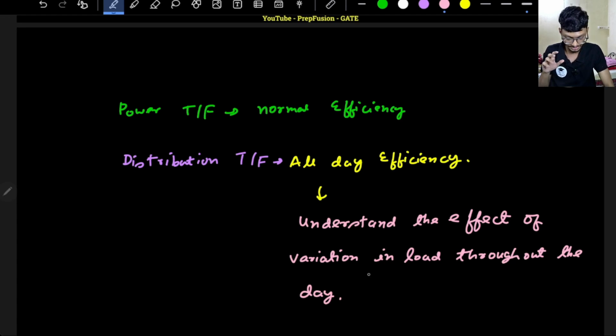Day and night basically. So that's why we will use the performance metric known as all day efficiency. Okay, theoretical point. Understood? So that was it basically.